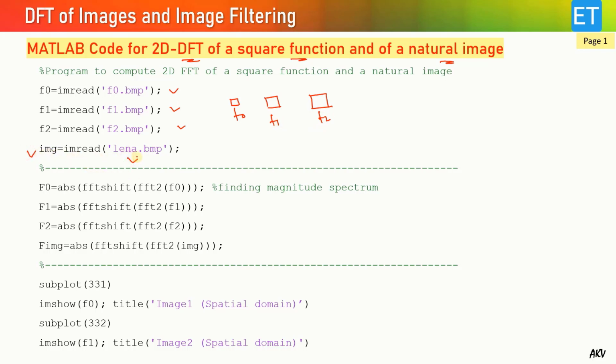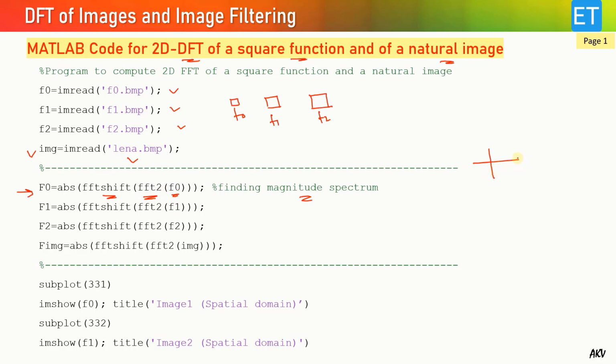And this fourth image, img, is actually the image of Lena. And by these commands we are getting the magnitude spectrum. Here you can see that we have used Matlab's FFT2 function for computing the Fourier spectrum, I mean the DFT, of the first image f0. Then we are shifting this spectrum to the center. Actually if we compute the FFT2 only, we get only the quarter part of the spectrum.